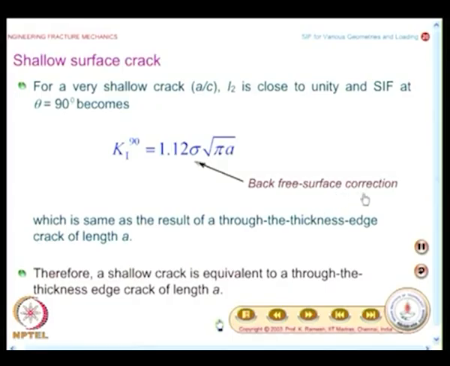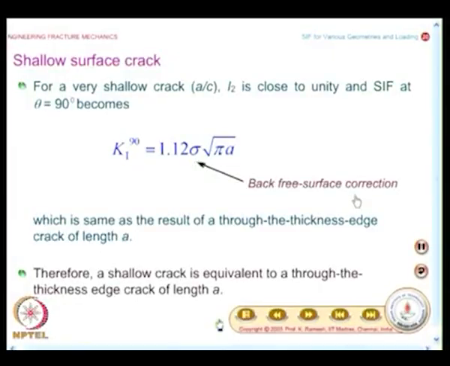Keeping that aspect in mind, you call this a back free surface correction. Suppose I have a crack front, I can have a front surface as well as a back surface. If I am going to apply only one correction factor, I would say free surface correction factor, because I have a separate correction factor for back free and front face, you call it different.